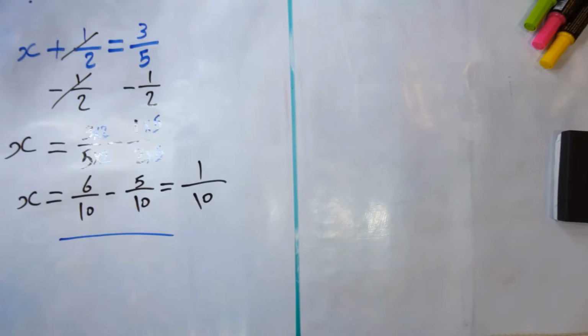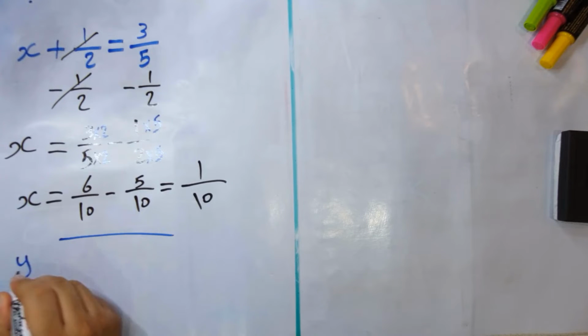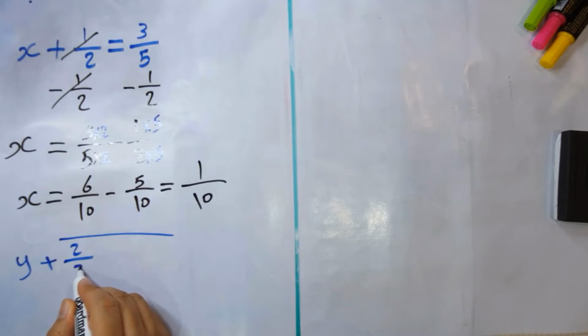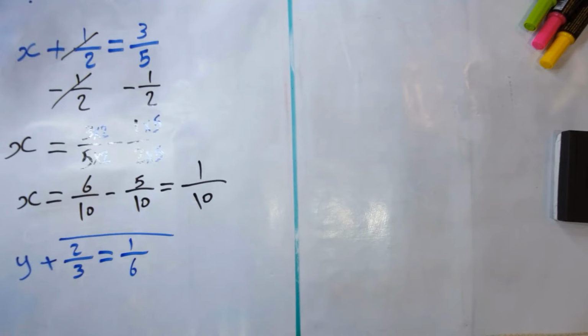Next, y plus 2/3 equal 1/6. Now we should remove plus 2/3, we do minus 2/3 on both sides.